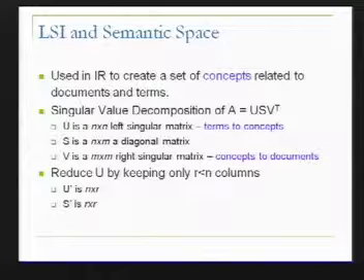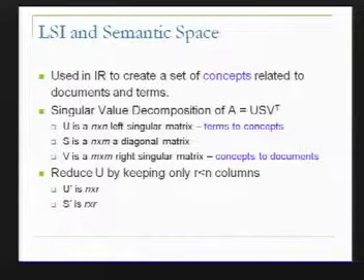Basically, you decompose the term document matrix into 3 different matrices, so that the product of these gives you A. The matrix U gives you the relation between terms and concepts, or terms and topics, and the matrix V gives you the relation between concepts and documents.